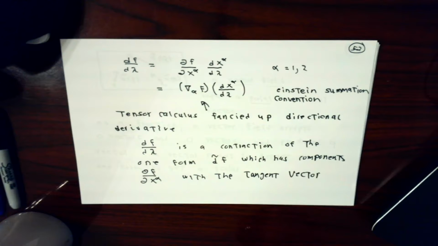So if we use our fancy index gradient symbol, we can write that the derivative of f with respect to lambda is the alpha component of the covariant derivative of f times the rate of change of x alpha with respect to lambda. And of course, we are doing a summation over the alpha.